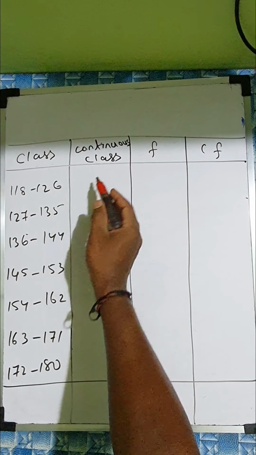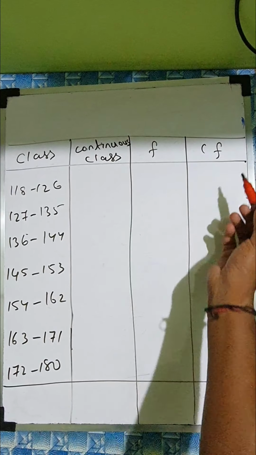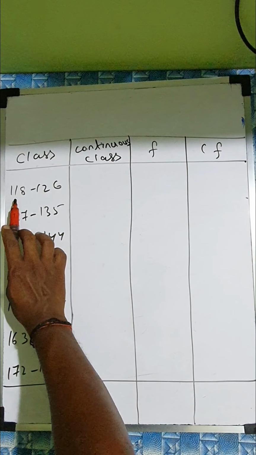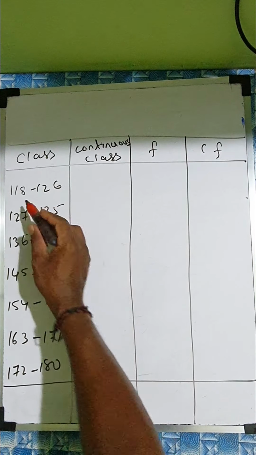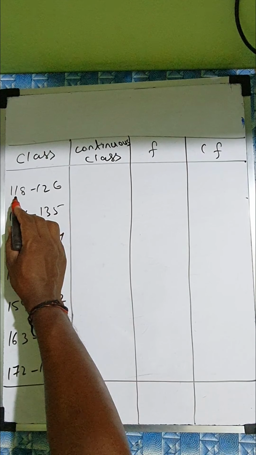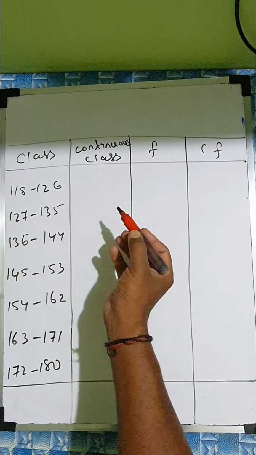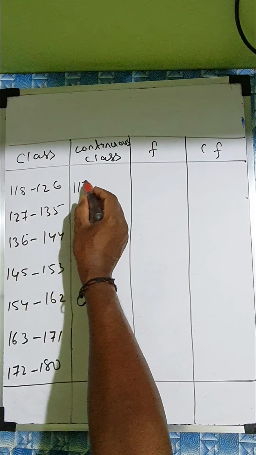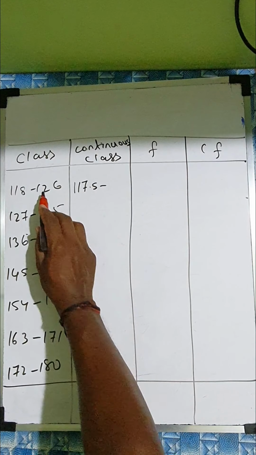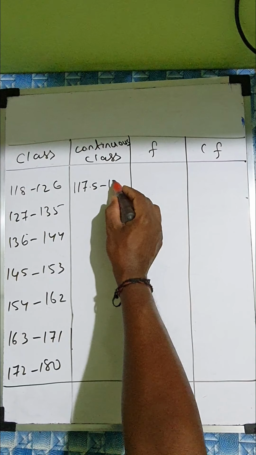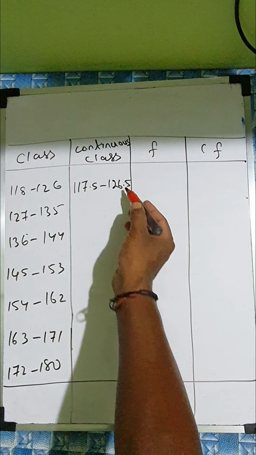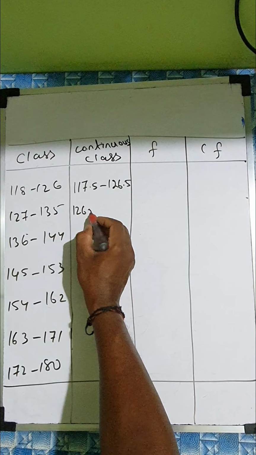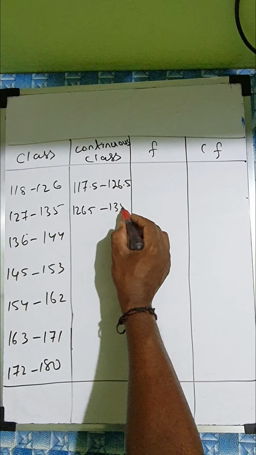So I'll write it here: class, continuous class, frequency, cumulative frequency. I already told you 118 to 126, then 127, so we have to make it continuous. So subtract 0.5 from 118: 118 minus 0.5 is 117.5. Again we add 0.5, so 126.5. After that it is easy. You write 126.5, then 135.5.